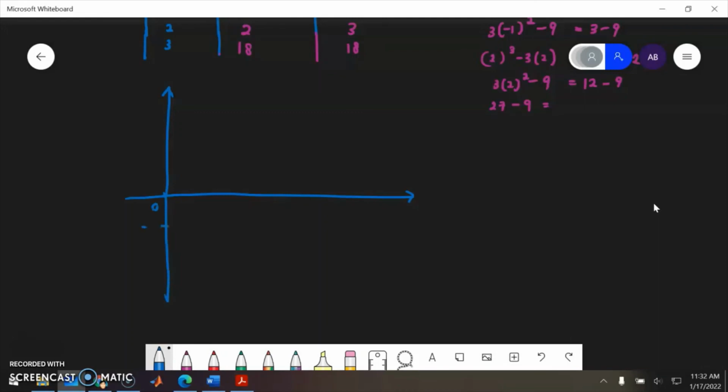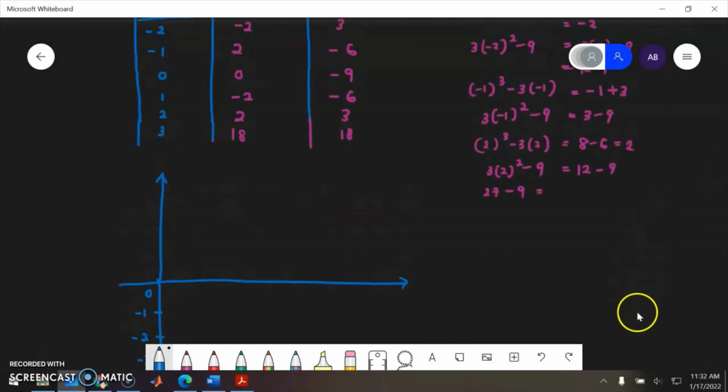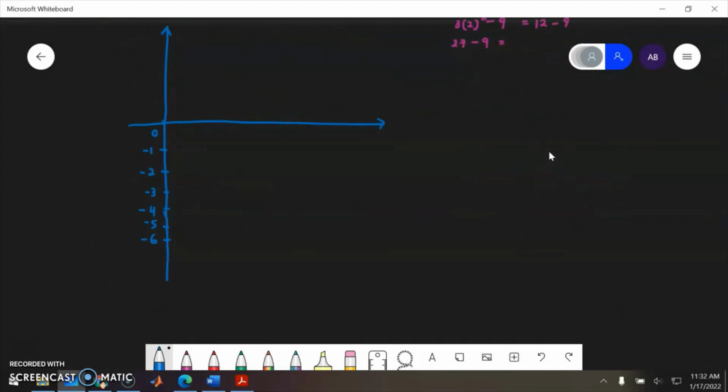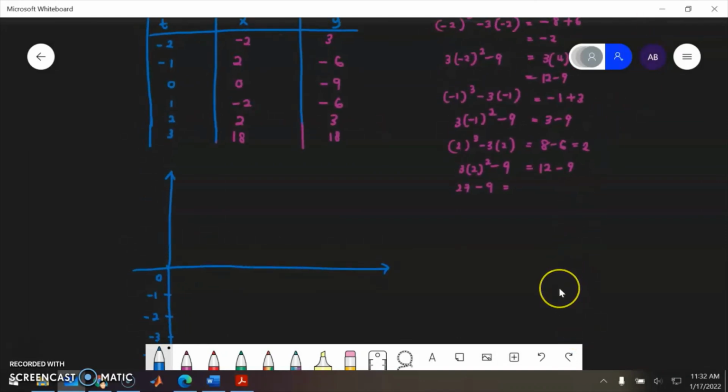So 0, -1, -2, -3, -4, -5, -6, up to -9, and then x positive from -2. So we have -1, -2, 1, 2. Yeah, I'll just do 3. Okay, so let's do this.